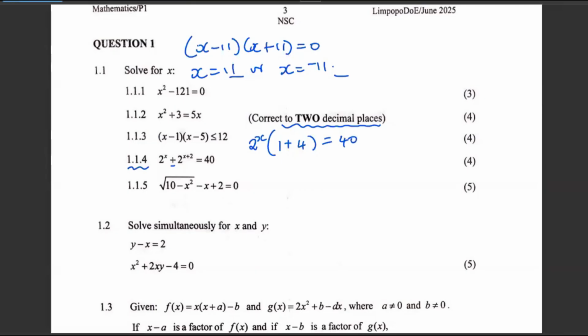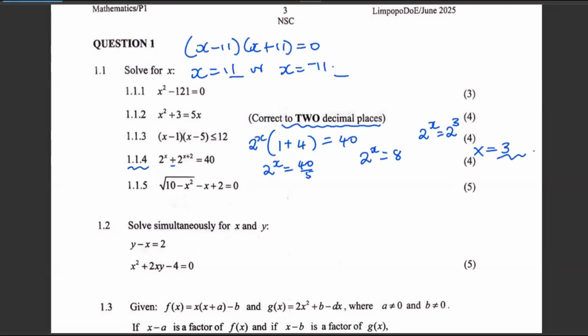Then we know that 1 plus 4 is 5. So 2 to the x is going to be 40 over 5. 2 to the x is the same as 8. Let's change the 8 to a base of 2: 2 to the x is the same as 2 cubed. The bases are the same, meaning that our x must be 3.